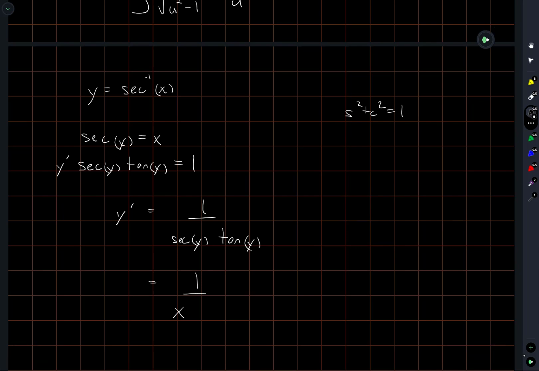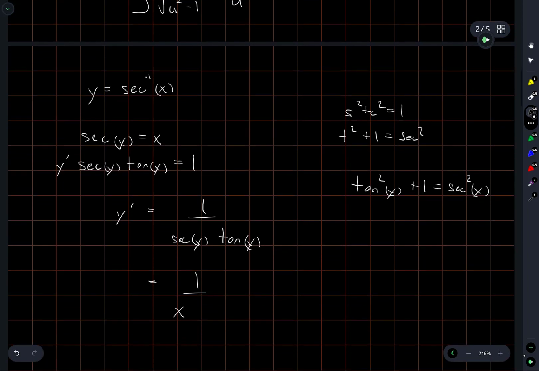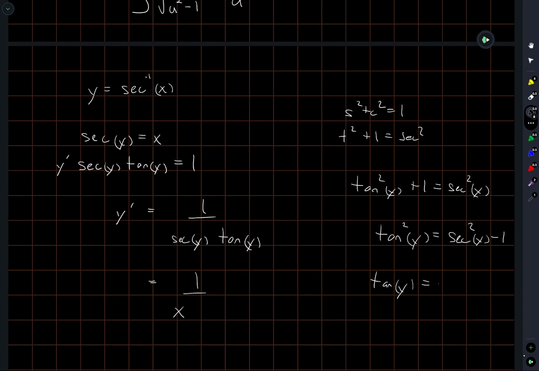Let's divide both sides by cos squared. We get tan squared plus 1 is equal to secant squared. So tan squared y plus 1 is equal to secant squared y. This, I believe, will help us, because now we have tan squared y is equal to secant squared y minus 1. So tan y is equal to the square root of x squared minus 1.